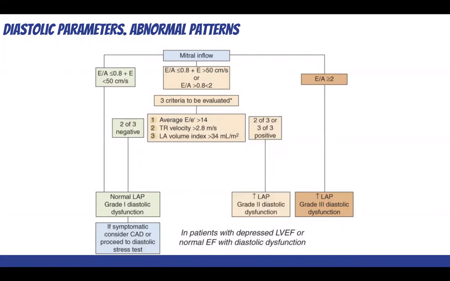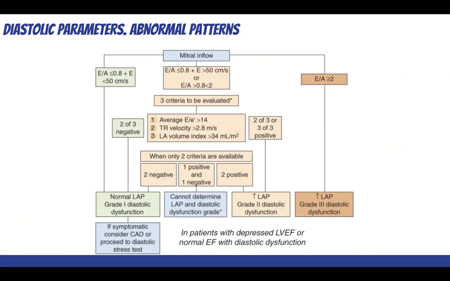If 2 out of 3 or 3 out of 3 are abnormal, it's grade 2 diastolic dysfunction and increased left atrial pressures. If you only have two criteria, for example, you don't have the left atrium volume index, two normals mean grade 1 diastolic dysfunction, and two abnormals mean grade 2 diastolic dysfunction. And if one is normal and one is abnormal, you cannot really determine the dysfunction grade, so you need to look at more things.